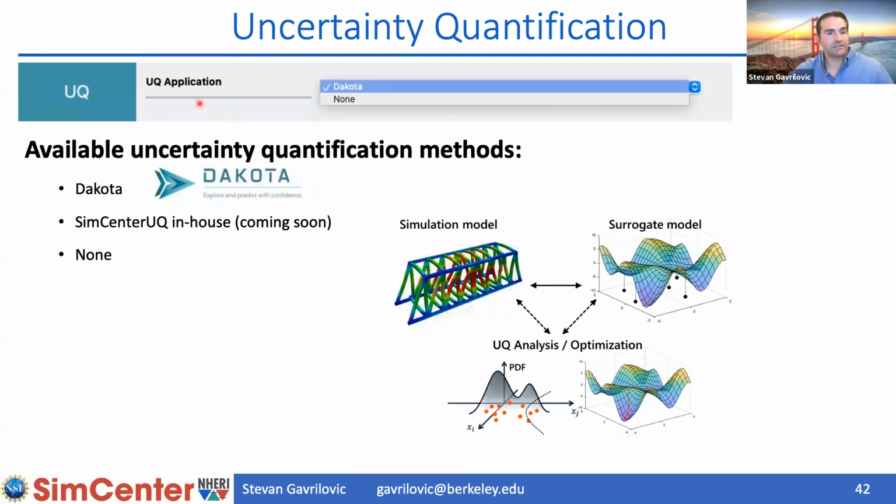In terms of uncertainty quantification, or UQ, R2D currently uses Dakota as a UQ engine. This is essentially an orchestrating algorithm, and it was created at the Sandia National Laboratories, specifically for uncertainty quantification. But coming soon, the SimCenter is also developing an in-house suite of UQ methods that will include sensitivity analysis and surrogate modeling.